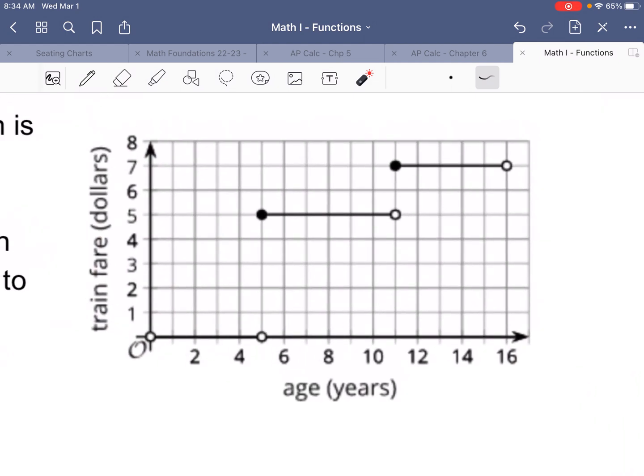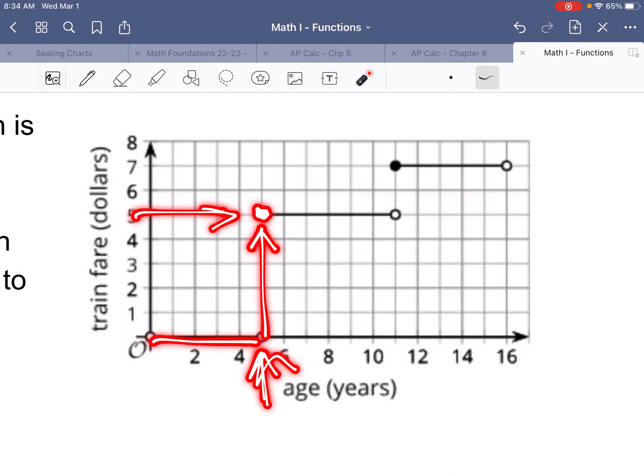So here's a graph that represents f. Now, free from 0 up to 5 years. These open circles here tell me that when I get to 5 years old, I have to jump up to the next level. And this solid dot tells me that at 5 years old, it costs $5. We have another jumping point.